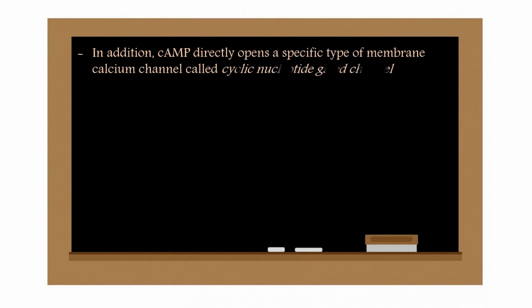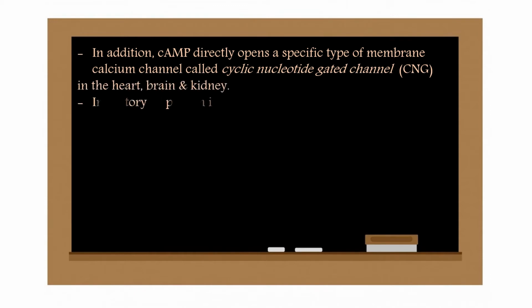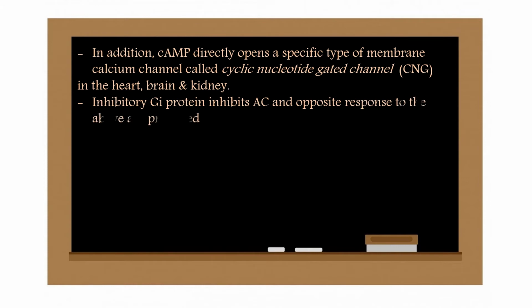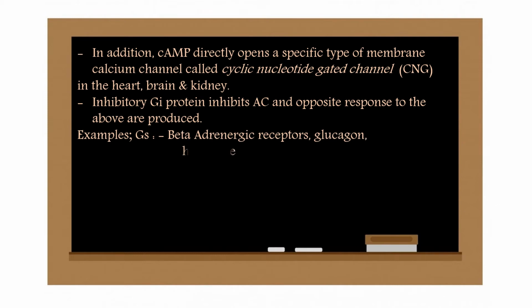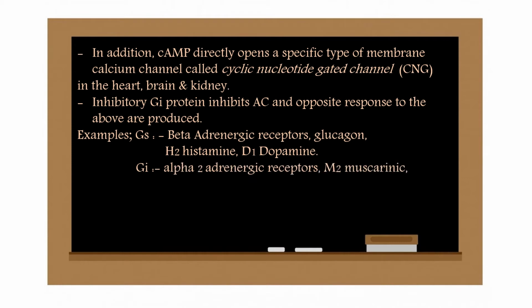In addition to the above mentioned functions, cyclic adenosine monophosphate directly opens a specific type of membrane calcium channel called cyclic nucleotide gated channel, CNG, in the heart, brain and kidney. Inhibitory G protein inhibits adenyl cyclase and opposite responses to the above are produced.